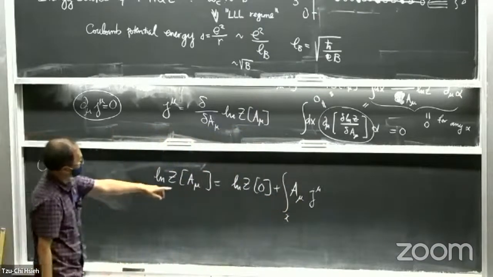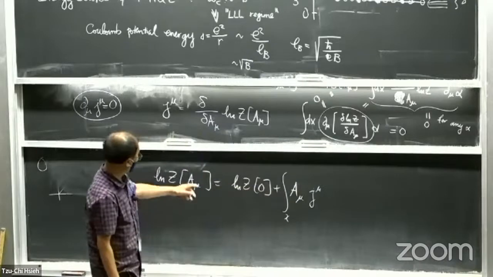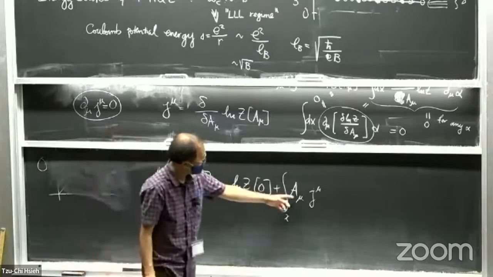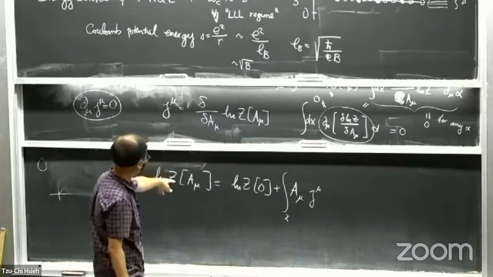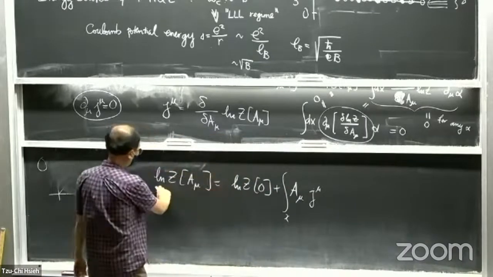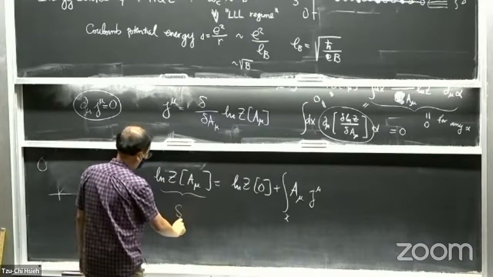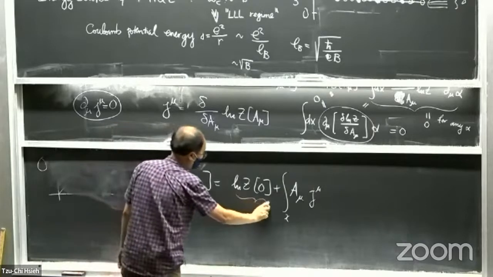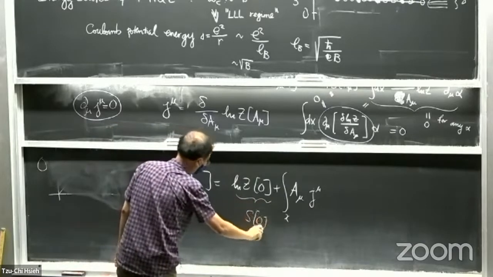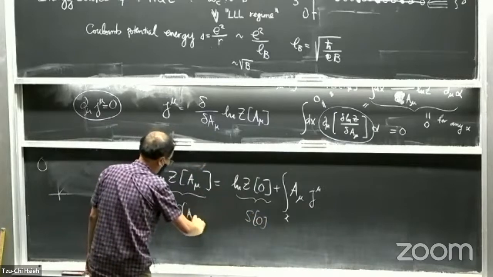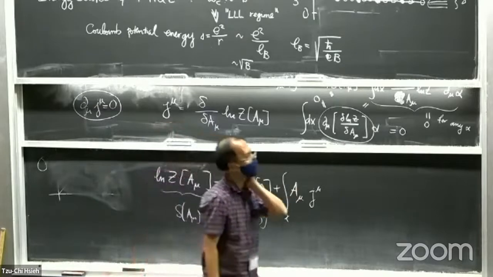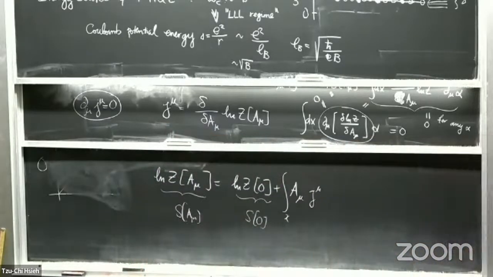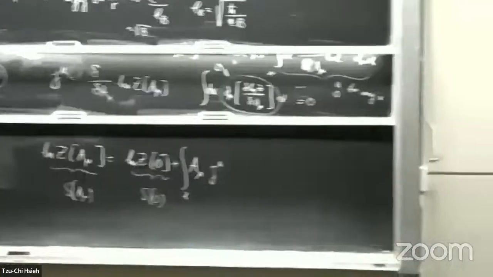The derivative with respect to A is J, so there is a coupling between A and J. In the classical theory, this log Z becomes just some action: the action at finite field is equal to the action at zero field plus A times J. We'll try to replicate that in our approach, but now there is only rho and T.